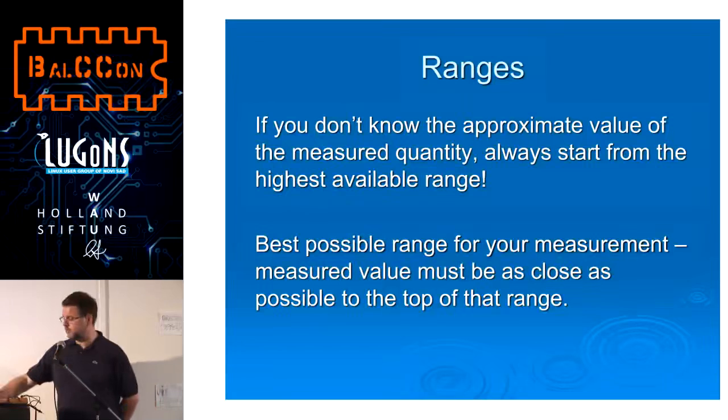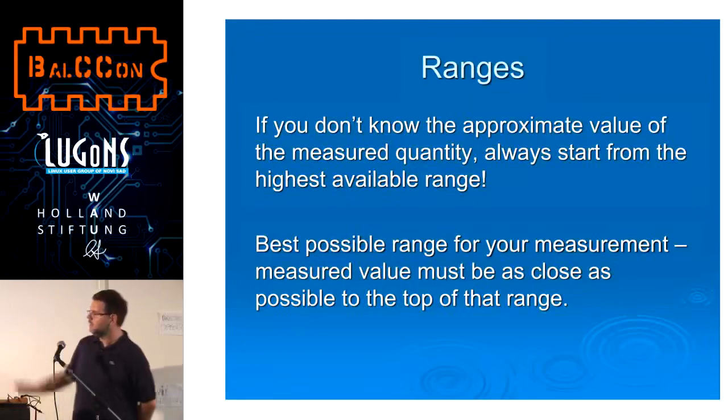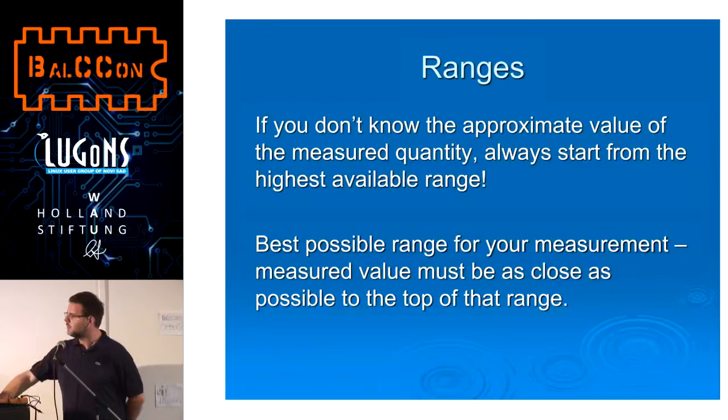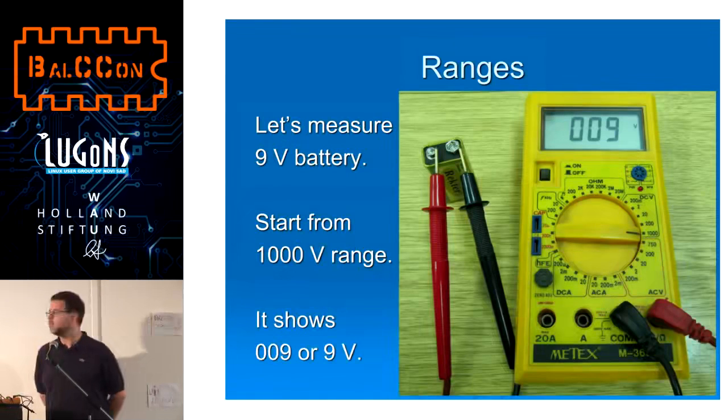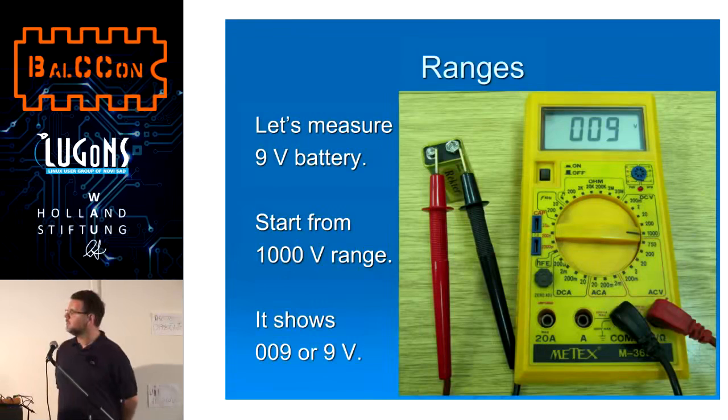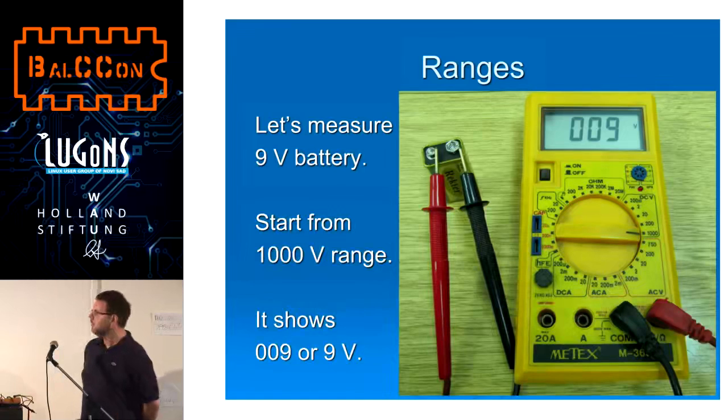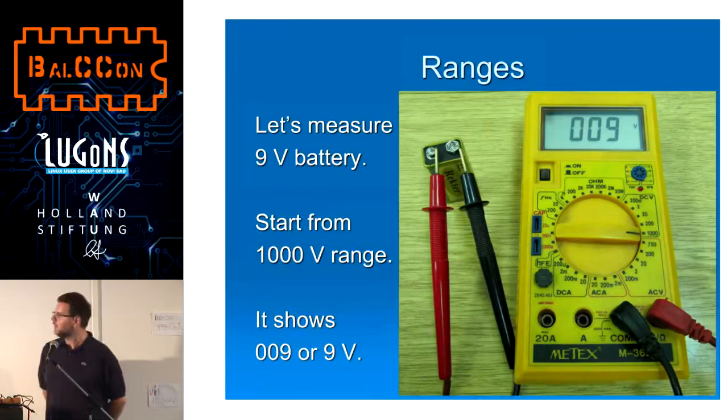Always start from the highest range, in this case 1000 volts. If you are sure that the value is somewhere in some specific region, you can start from there. So let's measure a 9-volt battery. Because we know that a 9-volt battery is somewhere less than 20 volts, we can start there, but for this purpose, let's start from the highest range.